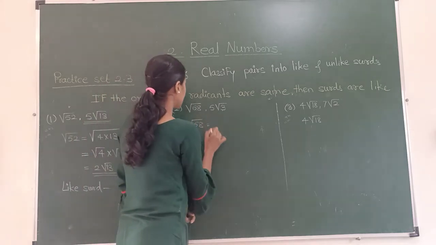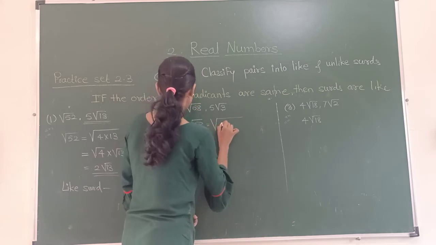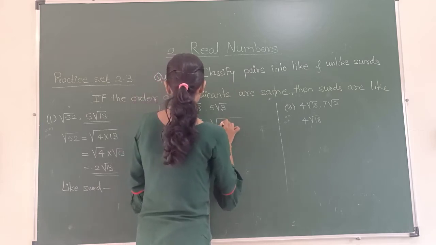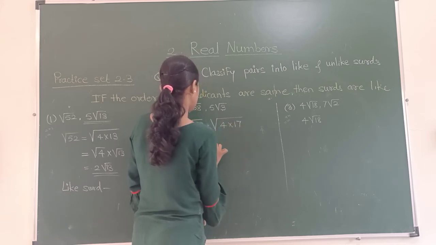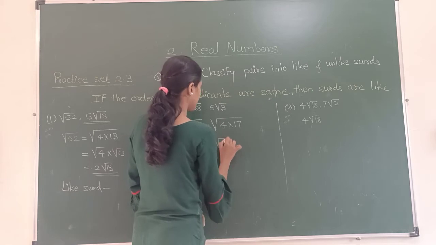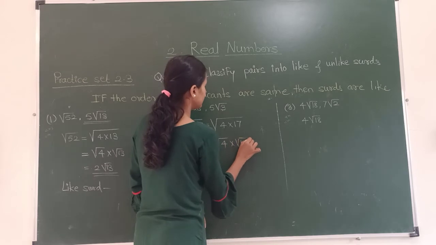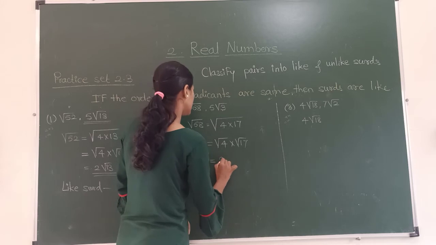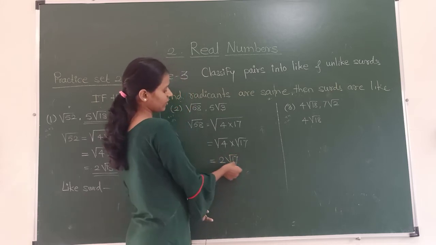Therefore we can further factorize 68 as 4 into 17, 17 fours are 68. We can write it as under root of 4 into under root of 17. If we take 4 outside the under root sign, it will become 2 under root of 17. It cannot be simplified further.